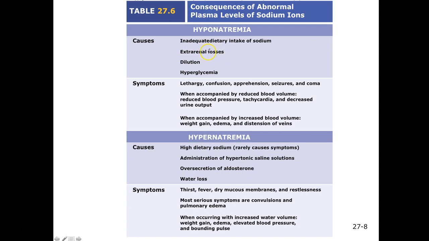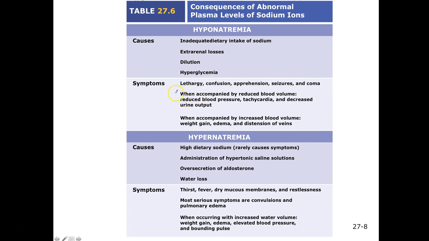Maybe we're putting too much sodium within the urine for whatever reason, dilution, or hyperglycemia. And if you look at these symptoms here, we're going to see that a lot of these have to do with neural issues, because we said that sodium helps send action potentials through our neurons. So lethargy, confusion, apprehension, seizures, and coma, that's all related to nerve issues.